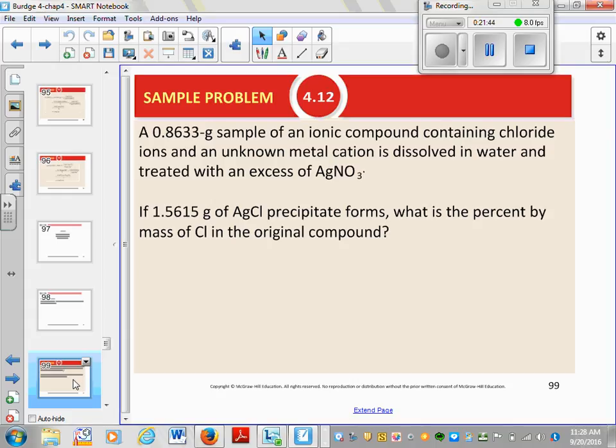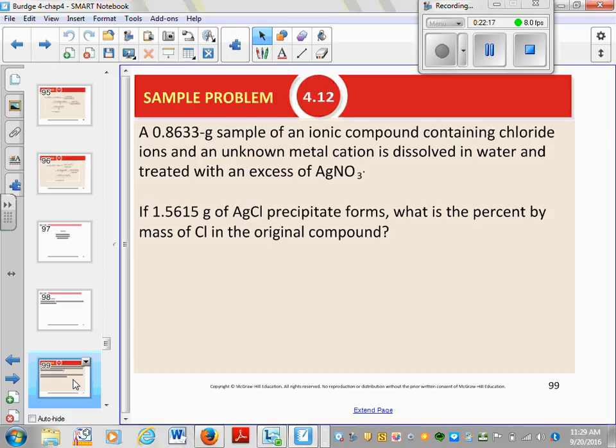Silver chloride weighs altogether 143.35, adding the silver and the chlorine together, times 100. So what's the percentage of chlorine? 24.73%. Everybody with me so far?